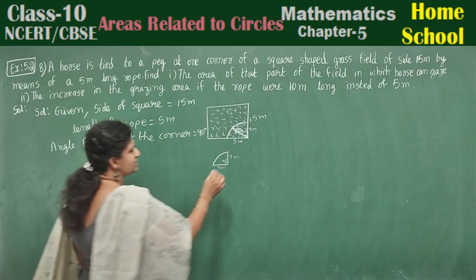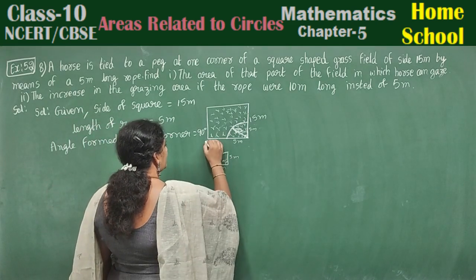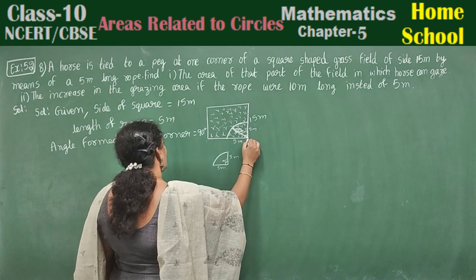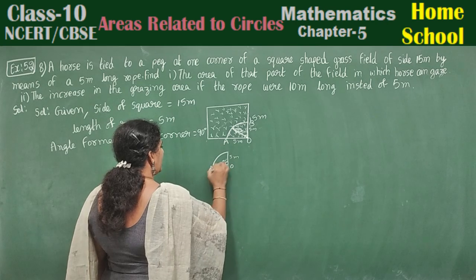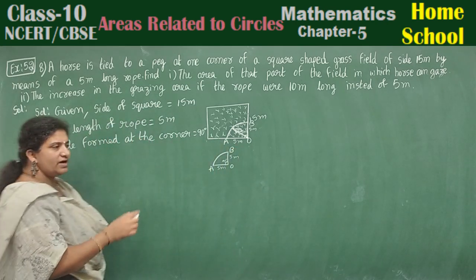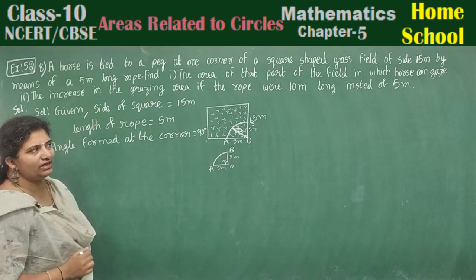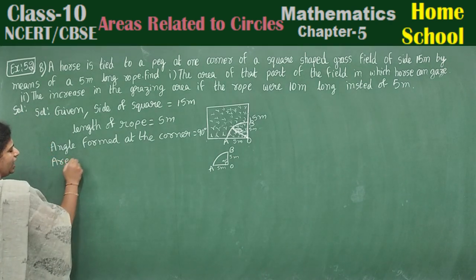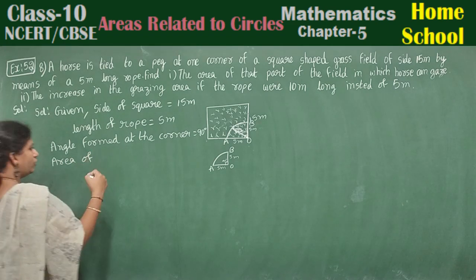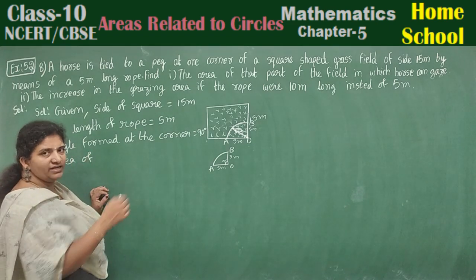Now, if I choose any letter, let me take here O, A, B. Now, first question, we are going to find the area of this. That is, area of, you may use quadrant or minor sector.